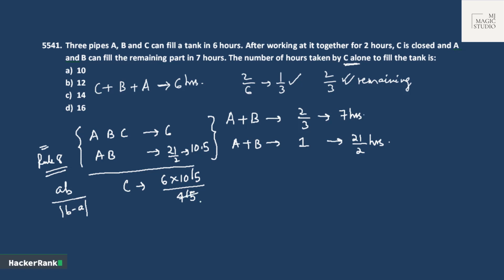Simplifying, 21 by 2 and 9 by 2 gives 2 into 7, which would be 14 hours. C alone will take 14 hours to fill the entire tank.